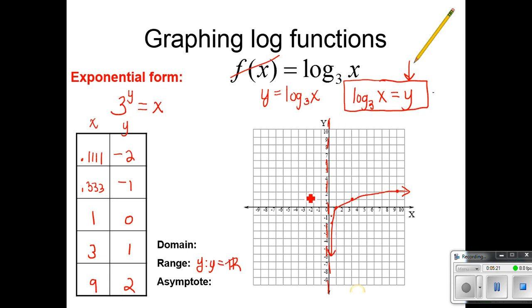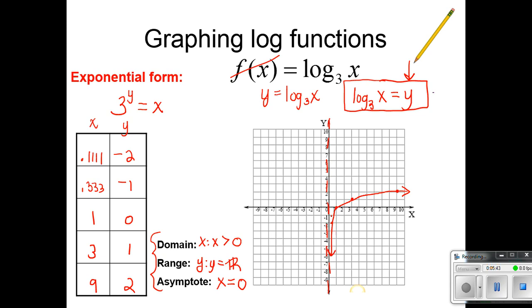My graph is not going to be shifted horizontally. So now the asymptote is up and down: the asymptote is x equals 0, and my domain is x such that x is greater than 0. So all my rules for domain, range, and asymptote have completely flipped.